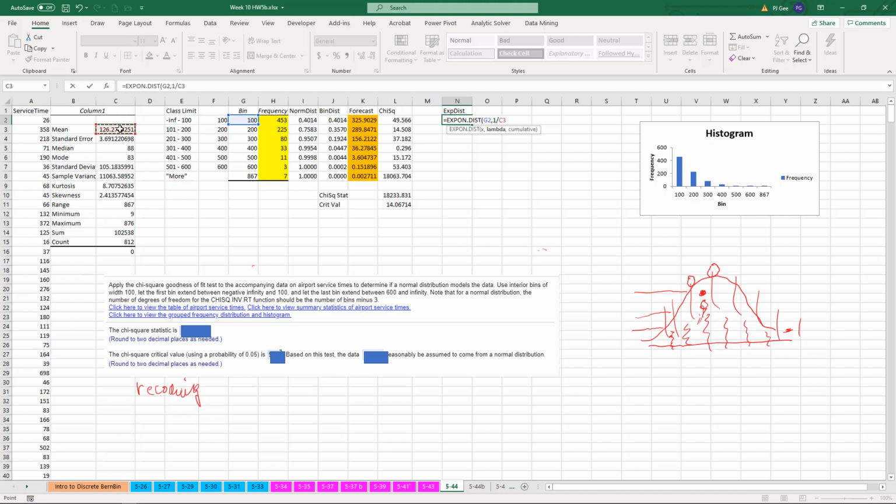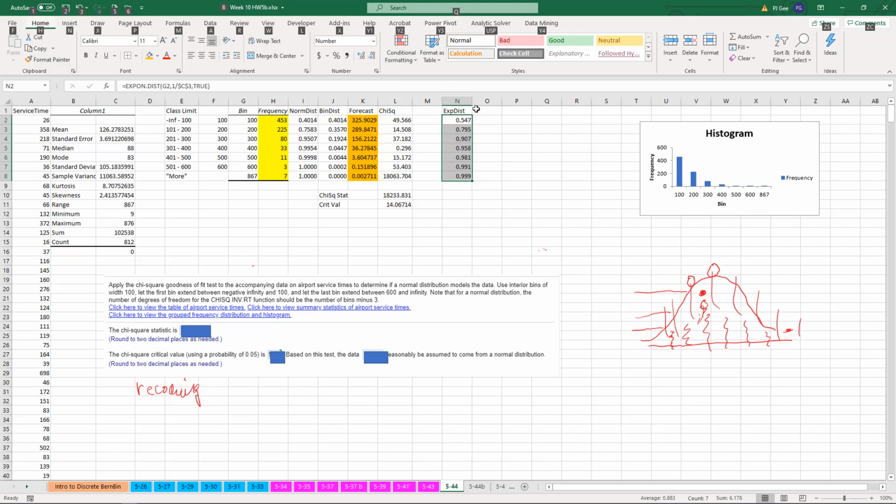The last thing is true, same kind of thing we did a second ago. We just have to lock down our C3 so we can bring it on down. Then maybe just adjust decimal places so it's uniform.